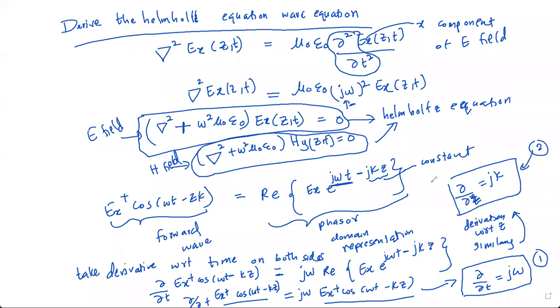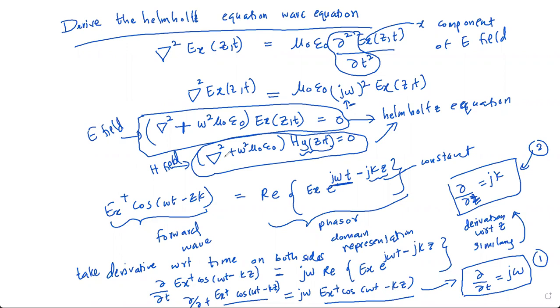Apart from that, you can see that in the Helmholtz equation we cannot see any specific dependency on time, right? I know that the equation components do have dependency on time, but explicit dependency on time is not seen.